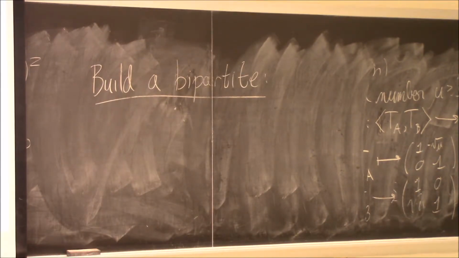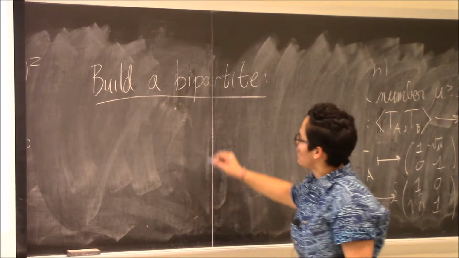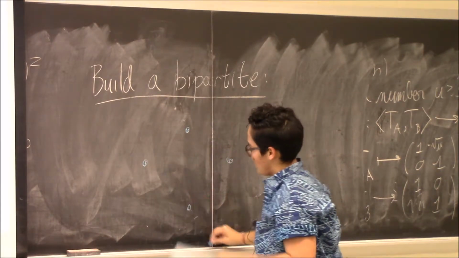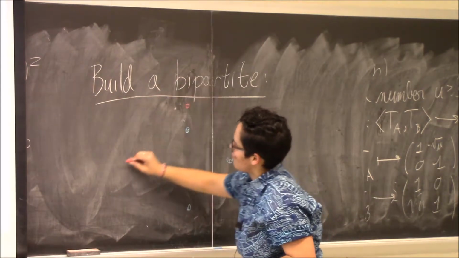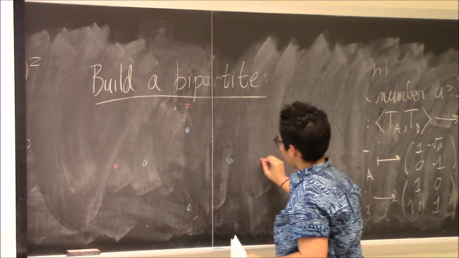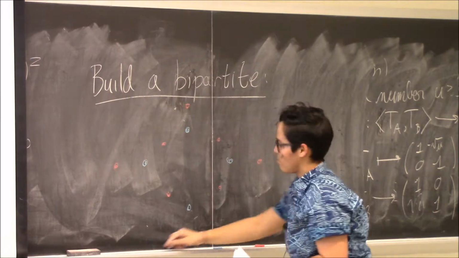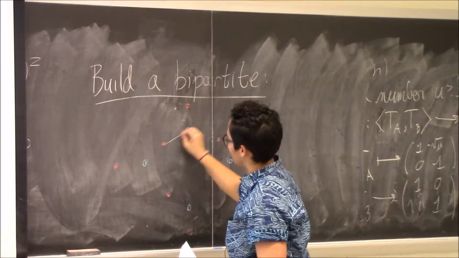We'll put a vertex for each of our curves: a blue vertex for each of our blue curves, and a pink one for each of our red curves. And then we put an edge between them if they intersect.